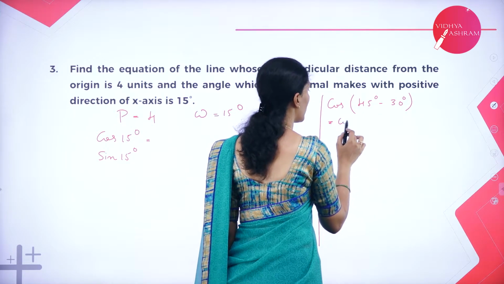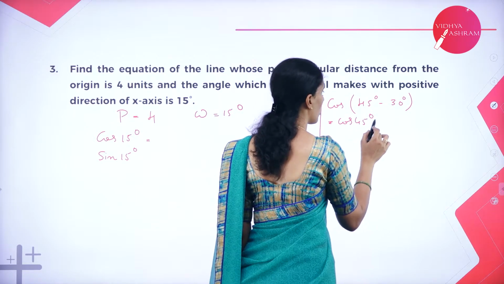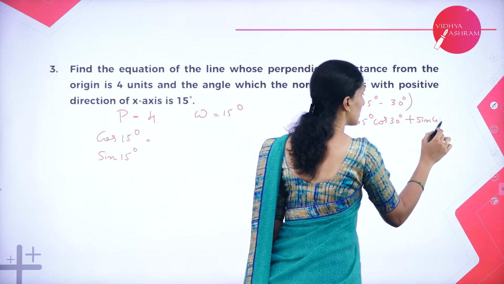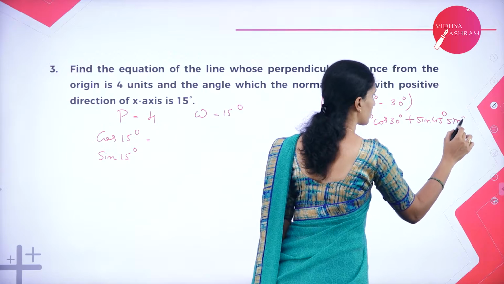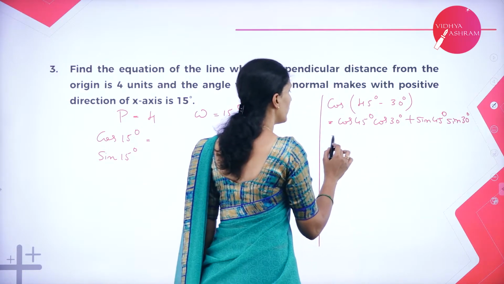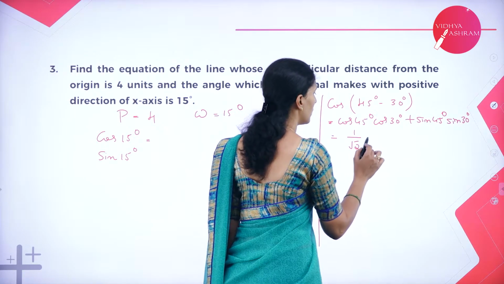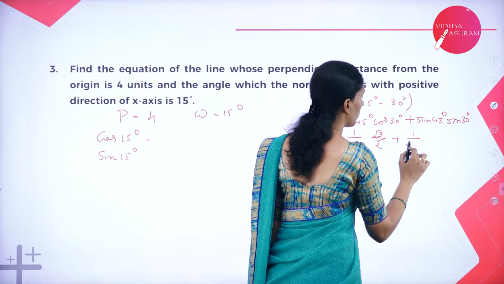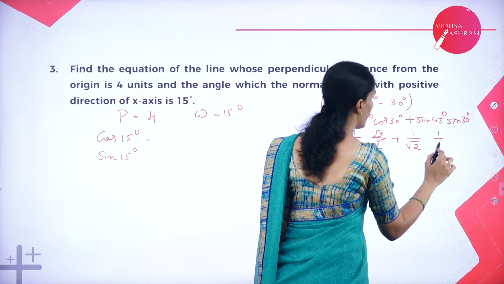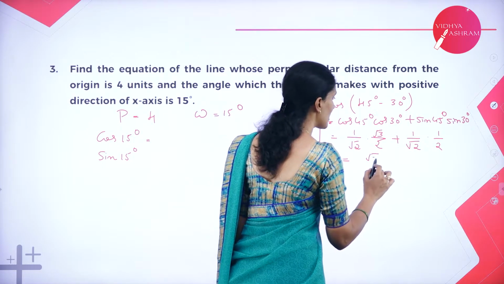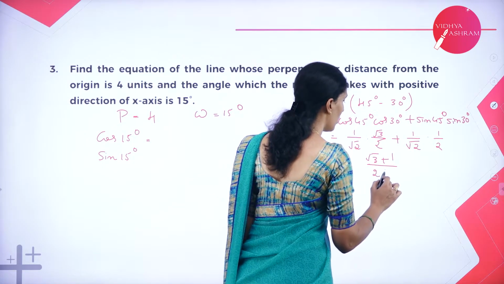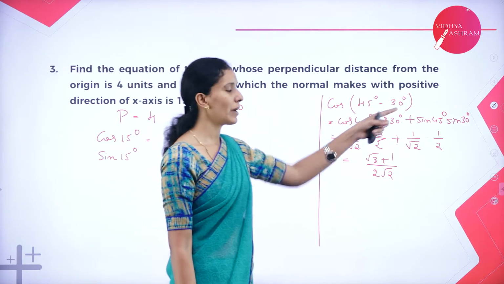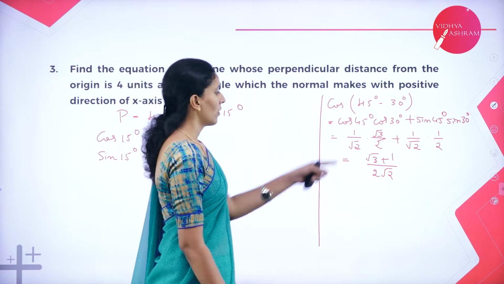So you can use the equation cos 45 cos 30 plus sin 45 sin 30, which is 1 by root 2 into root 3 by 2 plus 1 by root 2 into 1 by 2, or you can write it as root 3 plus 1 divided by 2 root 2. So this is for cos 15 degree. 45 minus 30 is nothing but 15 degree.